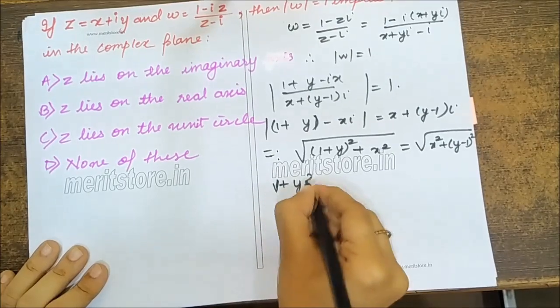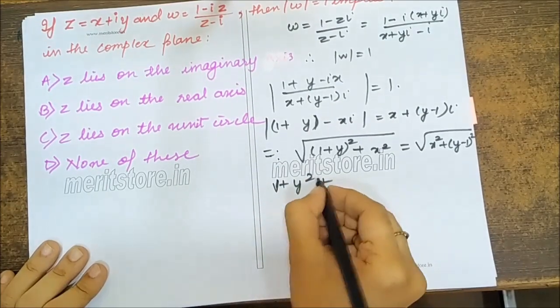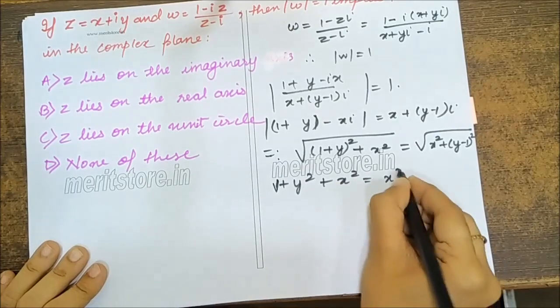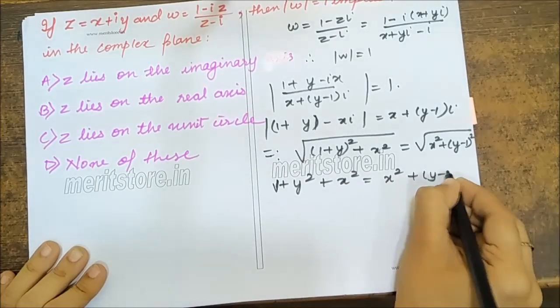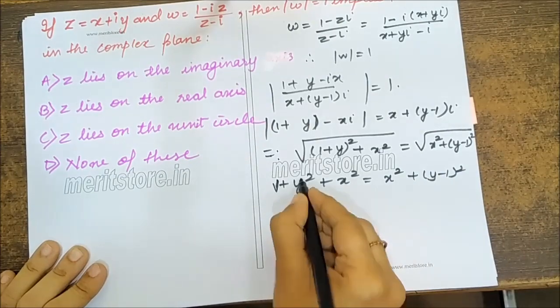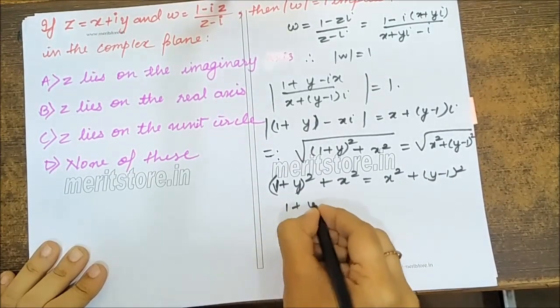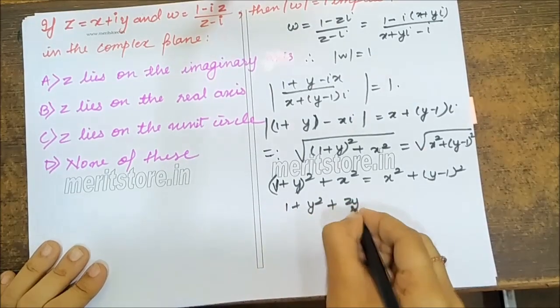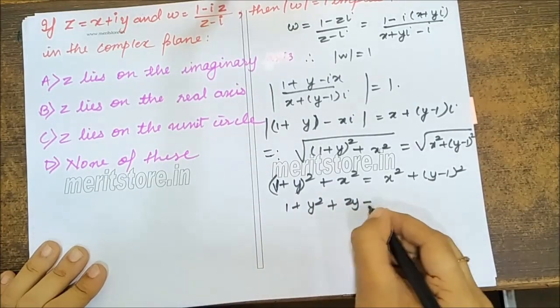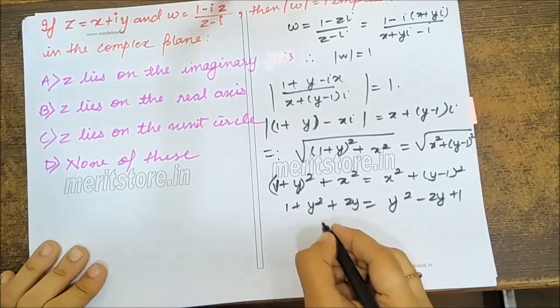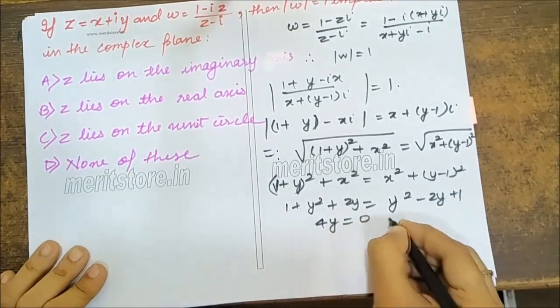So (1 plus y) square plus x square is equal to x square plus (y minus 1) the whole square. So 1 plus y square plus 2y is equal to y square minus 2y plus 1. That is 4y is equal to 0.